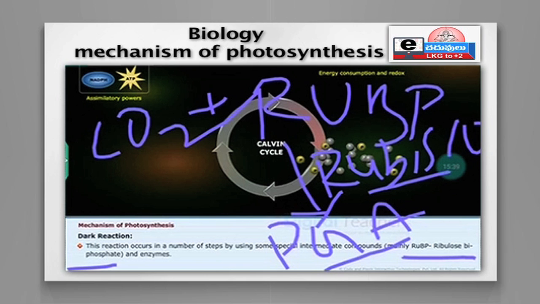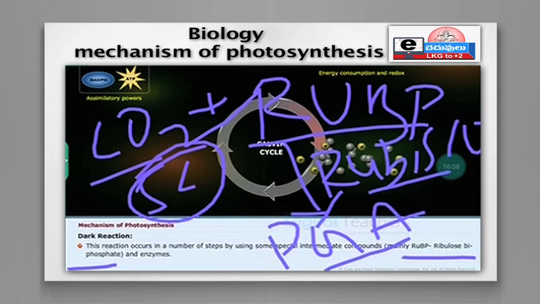So in the light reaction water is split, and in the dark reaction the gas absorbed is carbon dioxide. Carbon dioxide enters the leaf to combine with the intermediate compound RuBP in the presence of the Rubisco enzyme to convert it into phosphoglyceric acid. This is a 5 carbon sugar molecule, though I want C6, meaning 6 carbon.